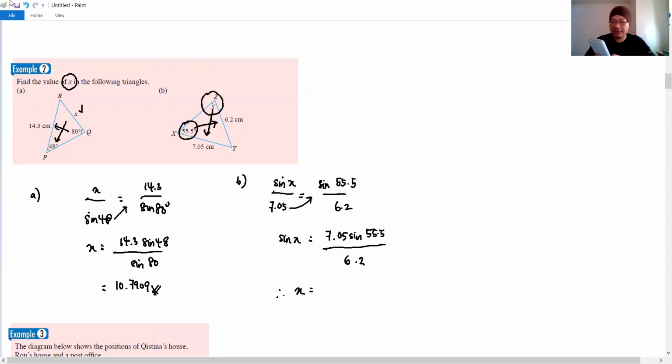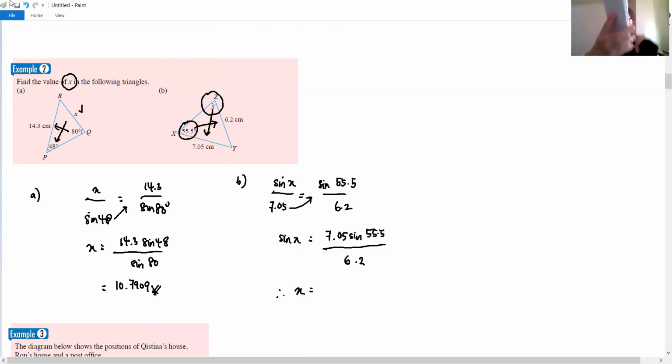Equals, and then after that, divided by 6.2. This is what we are supposed to get, 0.something something something. So some people, they round off from here. Please do not round off. Straight away, press shift and sine inverse answer. Do not round off the previous answer. So straight away sine inverse, then you got the final answer.